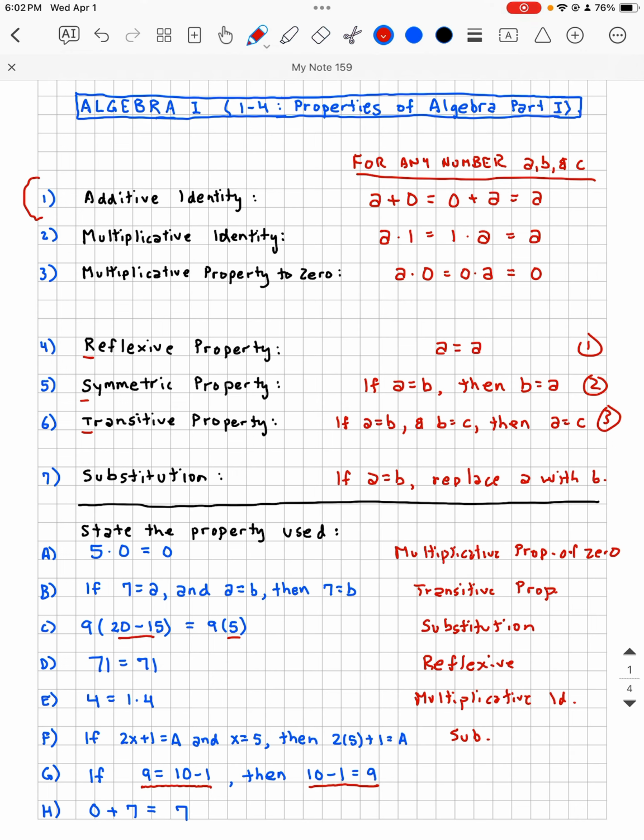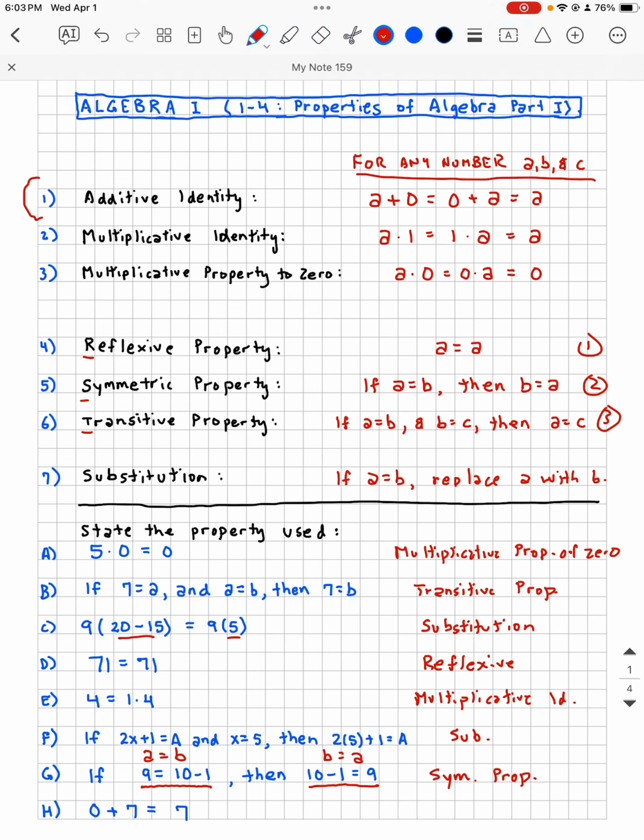So that means I have A is equal to B, then B is equal to A. Here, if I can write it out for you, A is equal to B is my statement. And then the result is that now it says B is equal to A. Because of that, that's really going to be the symmetric property. So it's not substitution here. Hopefully you can carefully catch that one. So that's going to be the symmetric property.